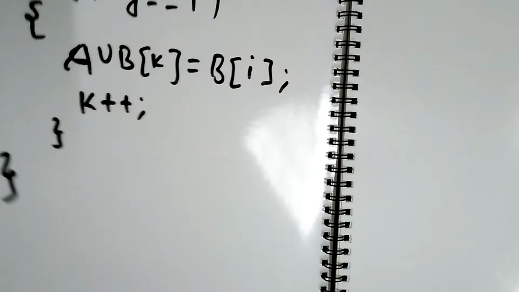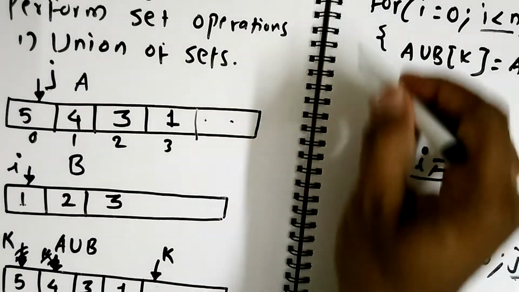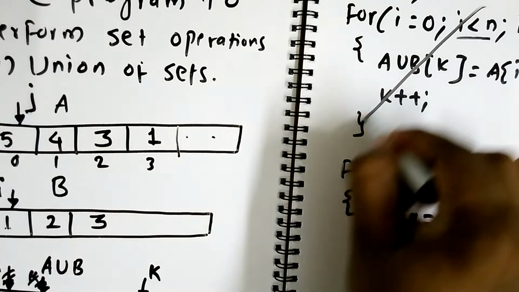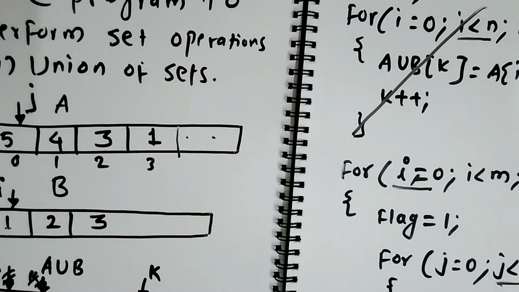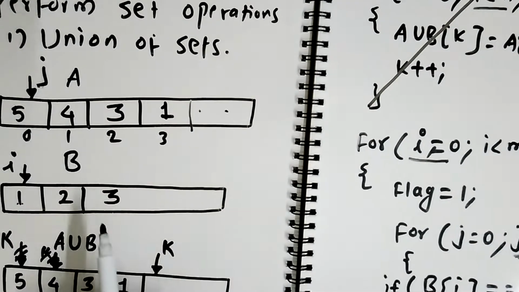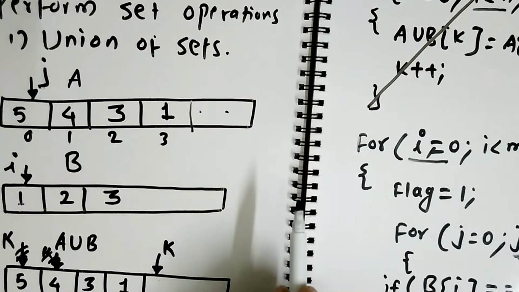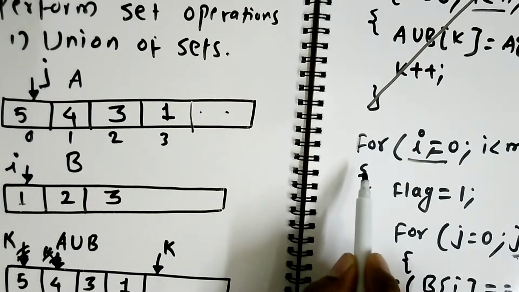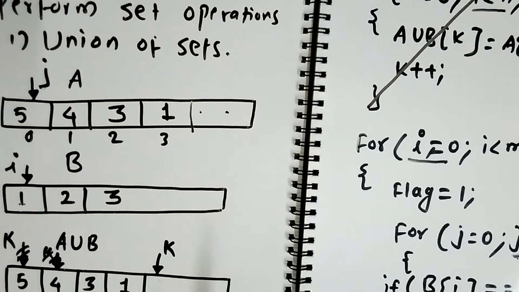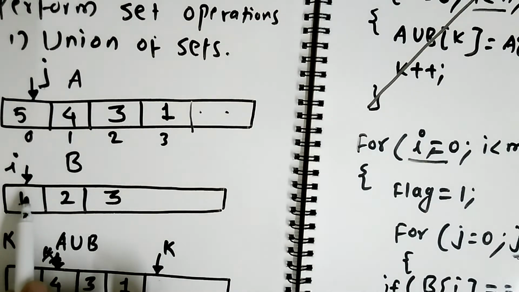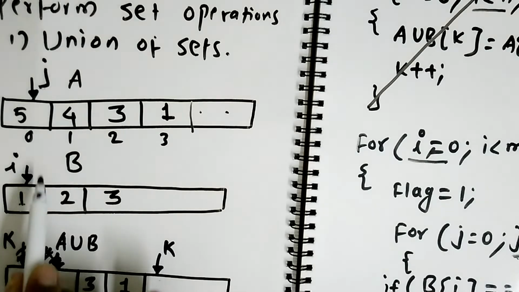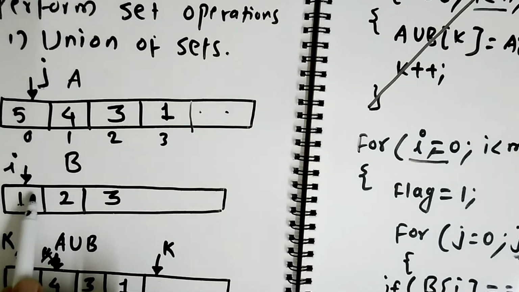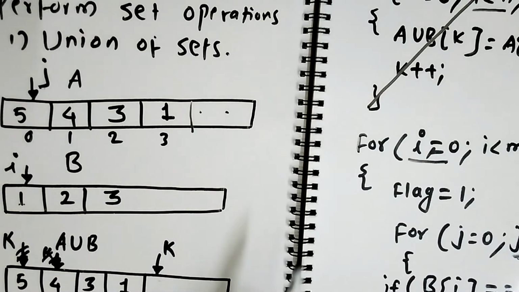For intersection, we need not copy the entire array A. We'll copy only the elements which are common in A and B. I can do this with the same for loop: I start comparing each element of B with each element of A, and if I find the element of B present in A, I'll simply copy those elements.